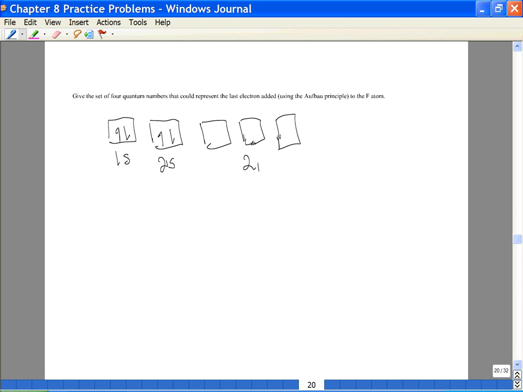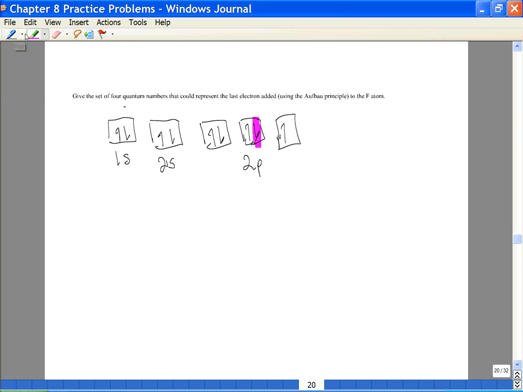When we fill this, we're going to go in this direction. We're going to fill them all individually first. So once we do that, that gives us 2, 4, 7. So we've got 2 more electrons to add. So now we come back and start pairing them up with opposite spins. So now this is a total of 2, 4, 6, 8, 9 electrons. And the last electron that we added was this one.